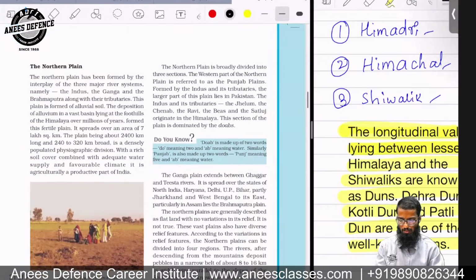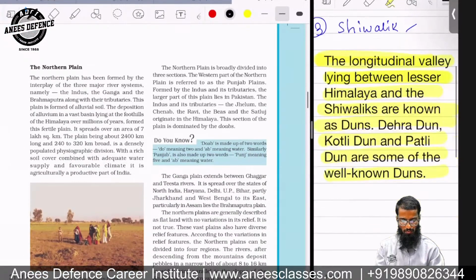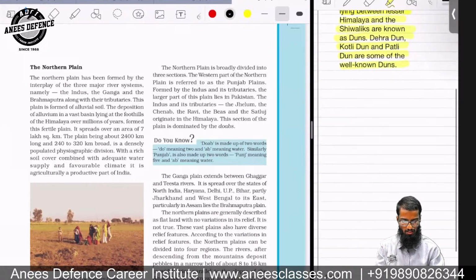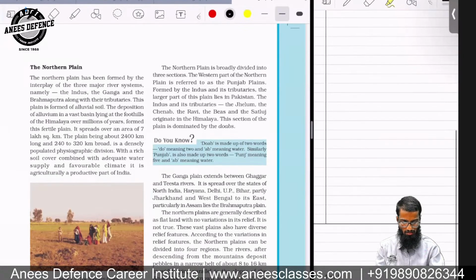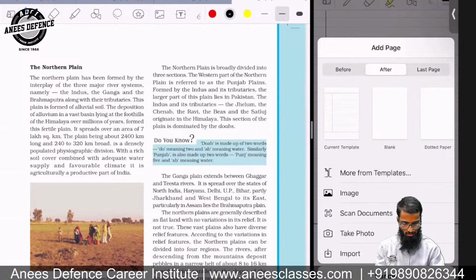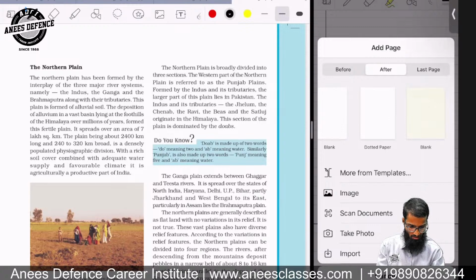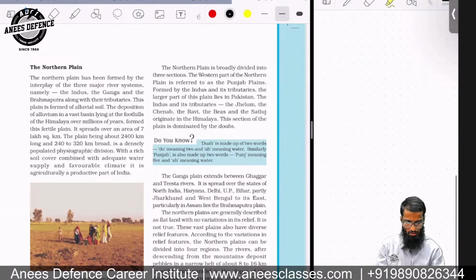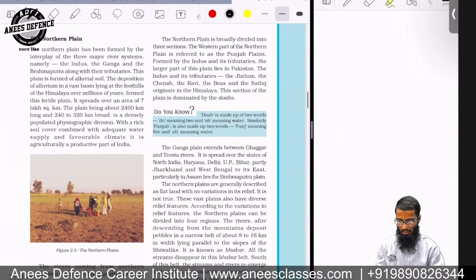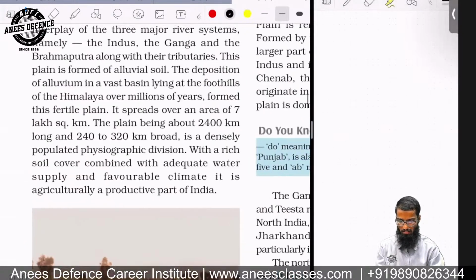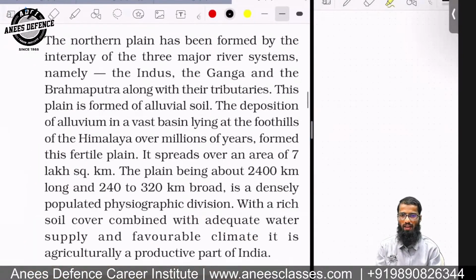Now we have covered the first part. Now we are in the second part. So Northern Plains.